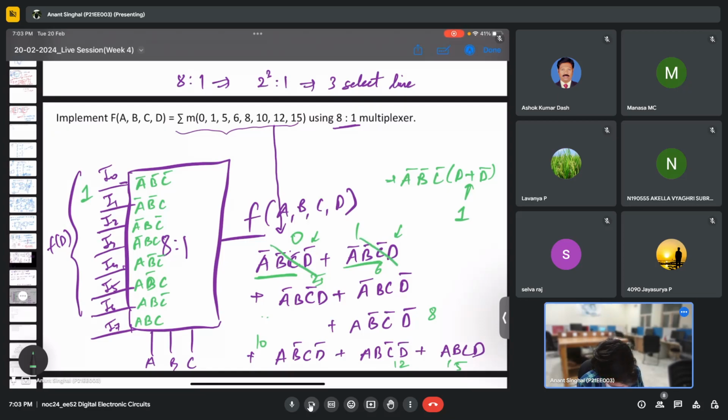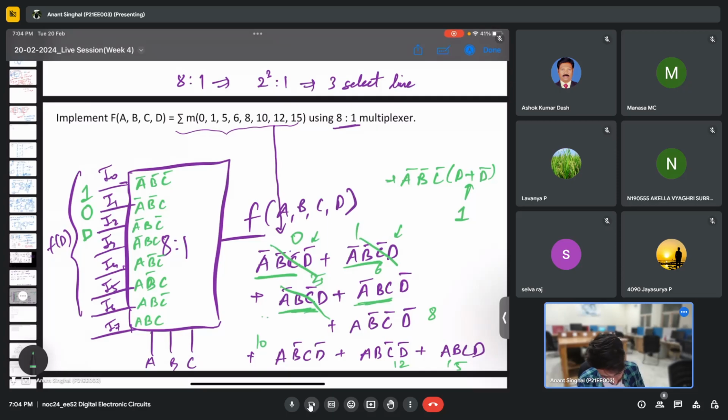Now let's say I'm taking 0, 0, 1. Is there any term with A bar, B bar, and C? There is no term as such, so I'm taking this as 0. Now the next term is A bar, B, C bar. Again there is a single term, so I can have a D here. I'm crossing this term. I have A complement B C, and is there another A complement B C?